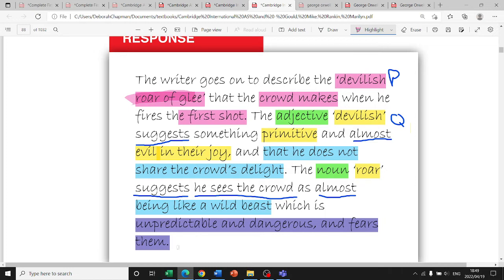And we know from reading the text and from annotating the text that it is the crowd's pressure. It's the pressure from the crowd that actually sees him making that decision.